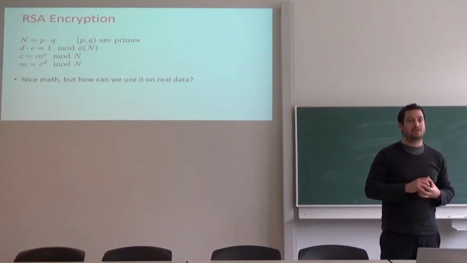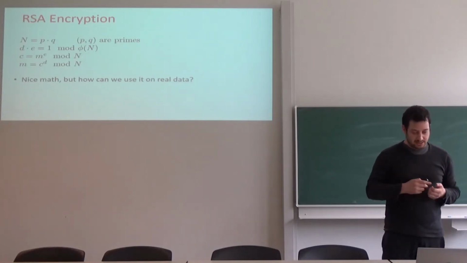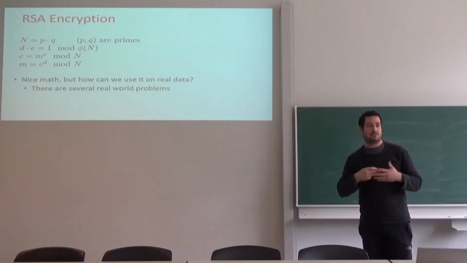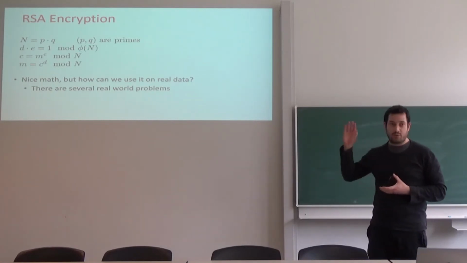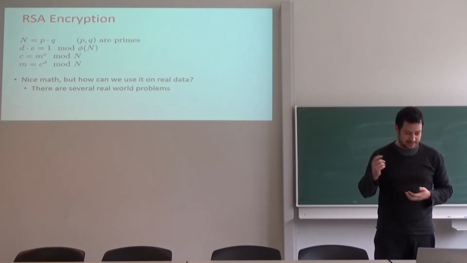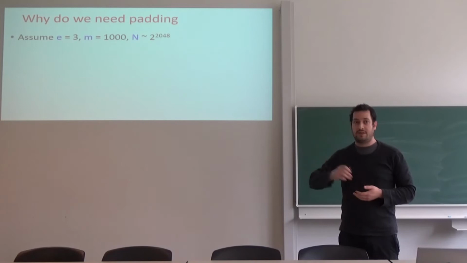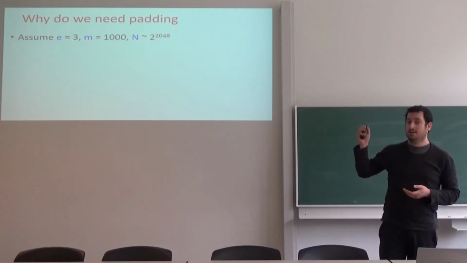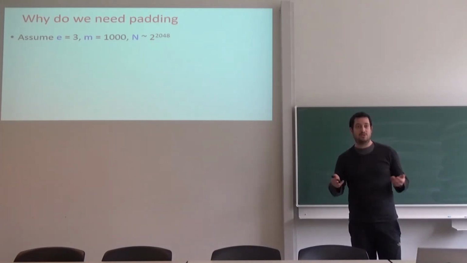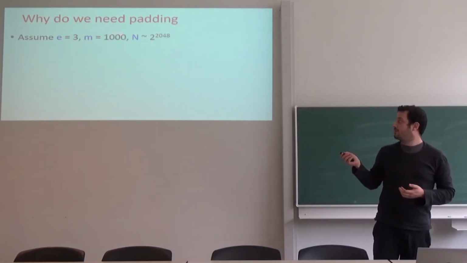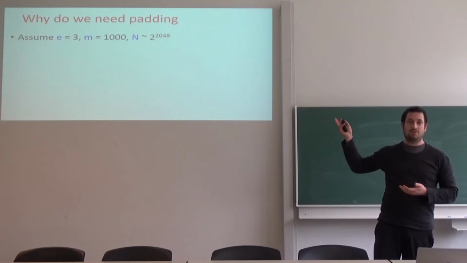However, when we try to use it on real data, it becomes a little bit more complex. There are several real-world problems that we need to solve before we actually use RSA encryption in practice. So I will give you several examples. Let's assume that we have a relatively small exponent, 3. This is very efficient because the encryption is very fast. Now we want to encrypt a small number like 1000, and we have a large modulus because we want to be safe.